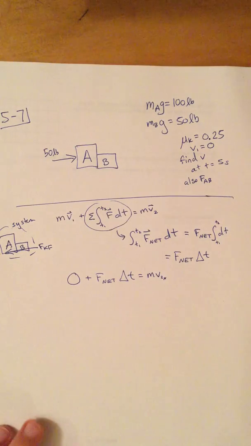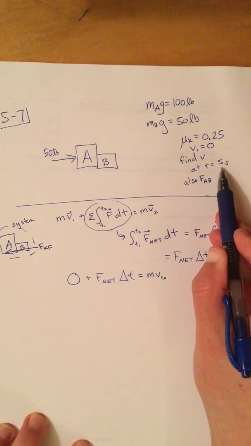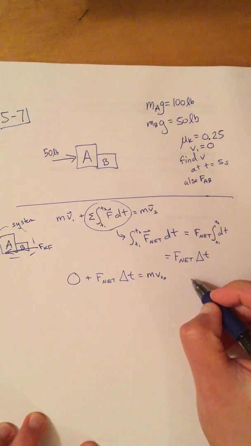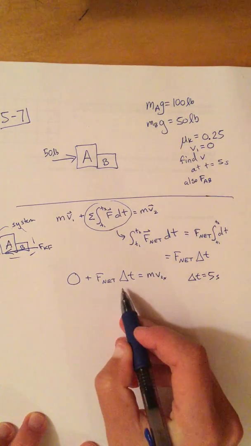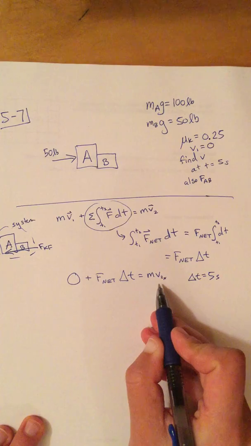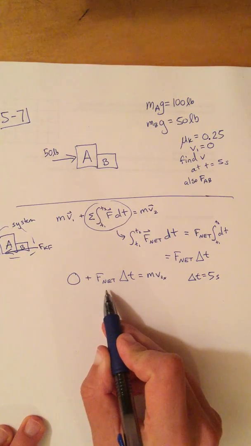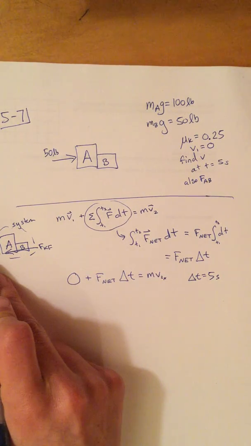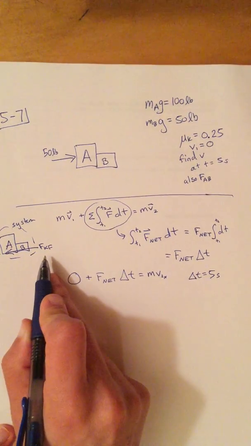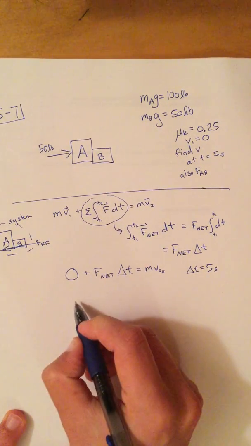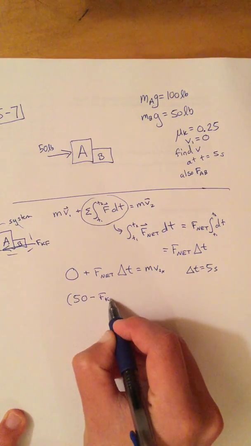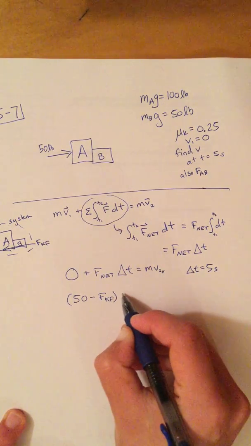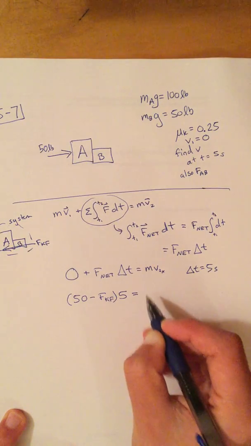We're looking for the velocity at 5 seconds, so we can say delta t is equal to 5 seconds, and my net force would be the 50-pound force minus the force of kinetic friction. So that'd be 50 pounds minus F_k, times delta t, which is 5, is equal to the mass.